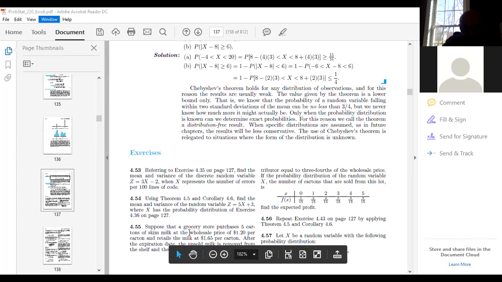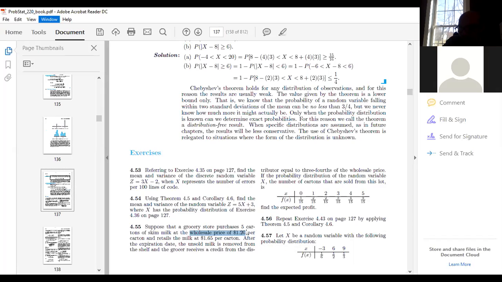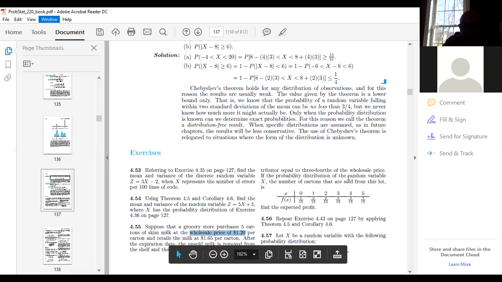Wholesale price you can see over here, that is equal to 120. 3/4 means 75%, right? 3/4 of 120 is 90. So 90 cents he is going to get. That grocer is getting back a discount price equal to 3/4 of the wholesale price.